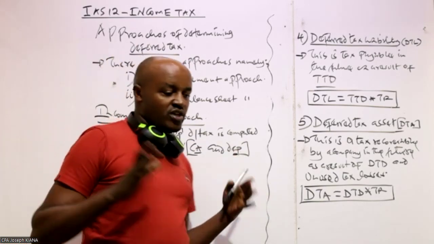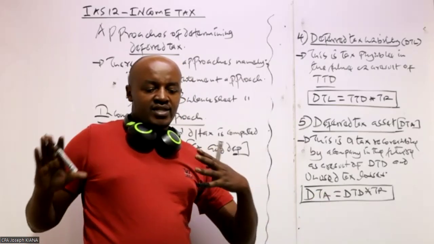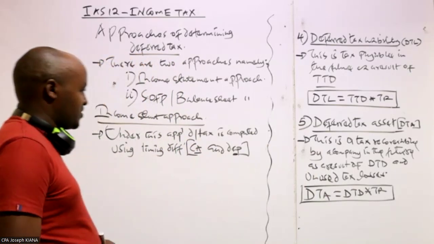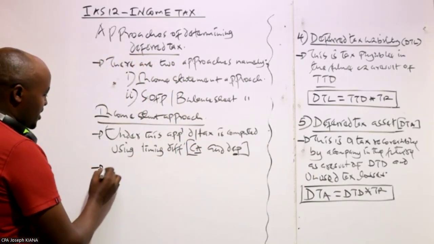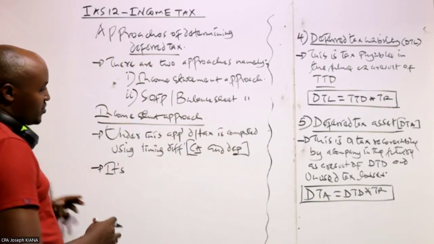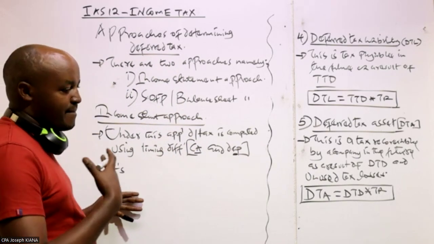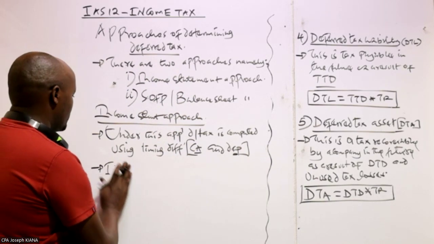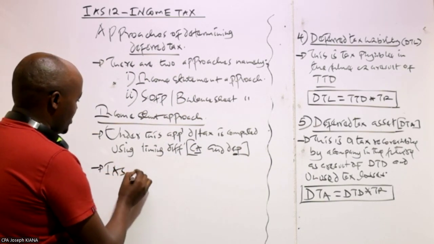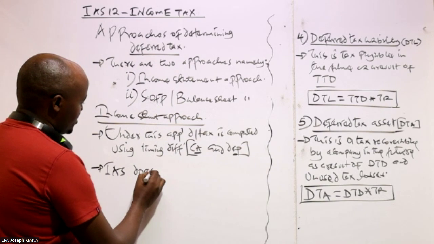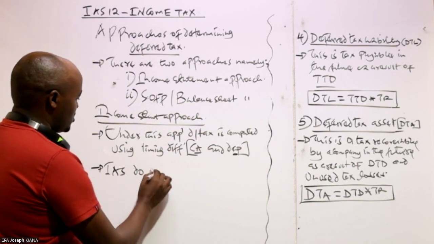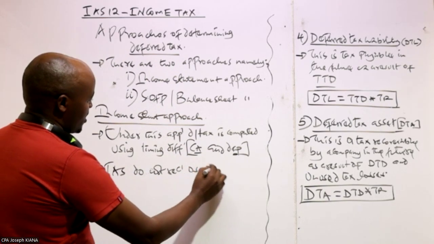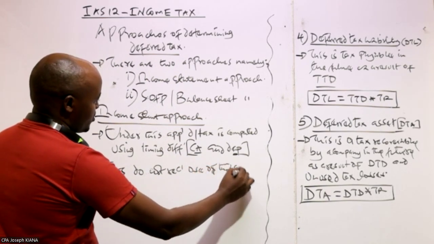As an expense. So if these two figures are different, then that difference is known as the timing difference. But it's also important to note that this method is not recommended for use by International Accounting Standard number 12. So therefore, IAS 12 does not recommend use of this approach.